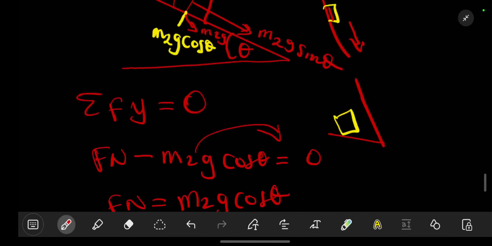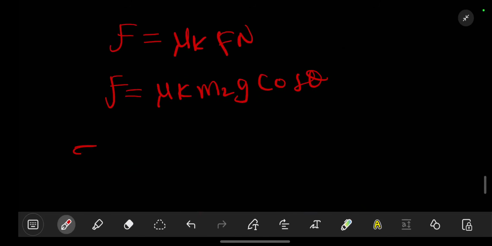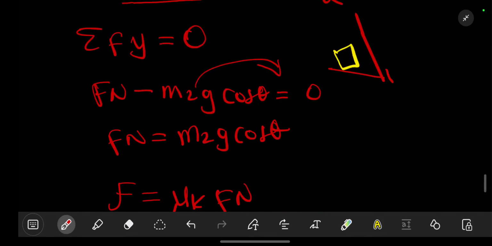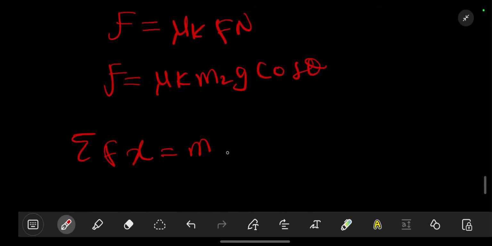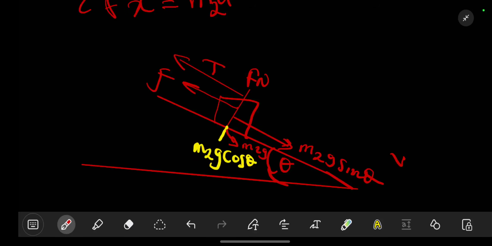After you are done with the summation of forces in the y, go for the summation of forces in the x direction. In the x direction it was moving like how we showed it, up or down the incline, so it will produce an acceleration which will be your ma, in this case your m2a.